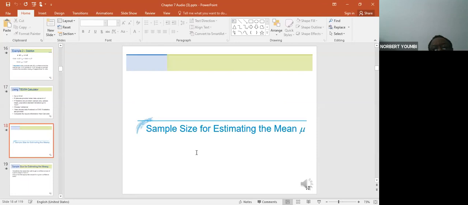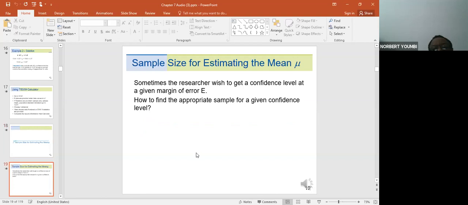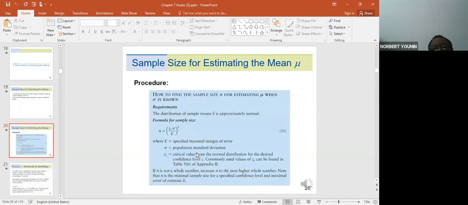Sometimes we are given the margin of error and we are asked to find the minimum sample size. In this case, we use the formula for n. I will use a whiteboard to explain this. We say that E was ZC sigma over the square root of n. So if you are given E, the margin of error, you will be asked to find n.